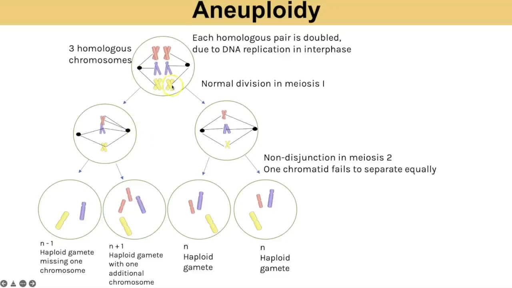Now you could also have non-disjunction occurring in meiosis 2. So we can see normal cell division occurred in the first round of meiosis, but now we have non-disjunction in meiosis 2 because the chromatids are not separated equally for the red chromosome. They're all pulled to this one gamete, so that would be N plus 1. And this one is missing the red chromosome, so it's N minus 1.